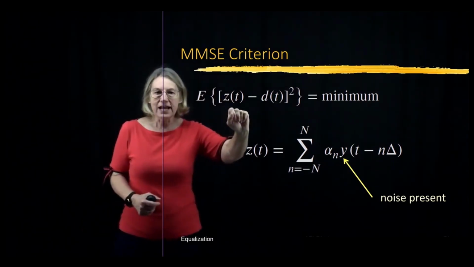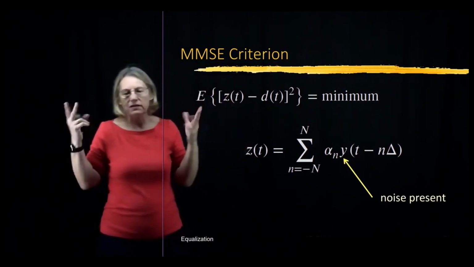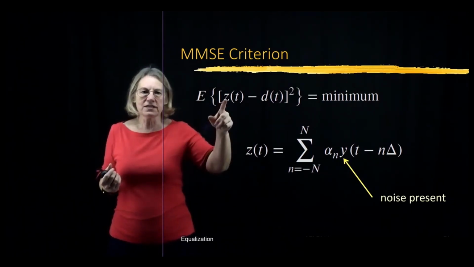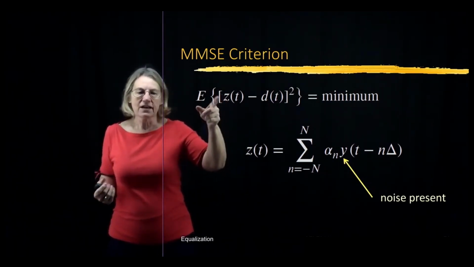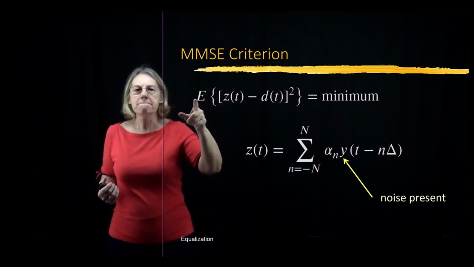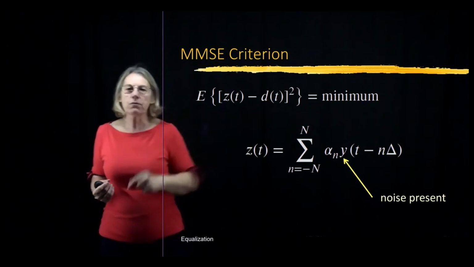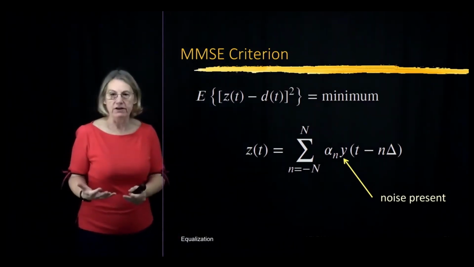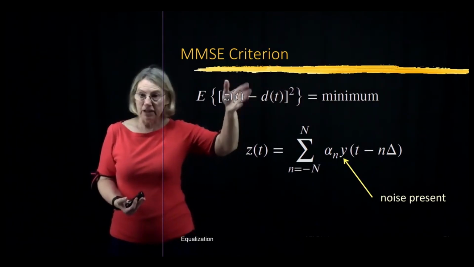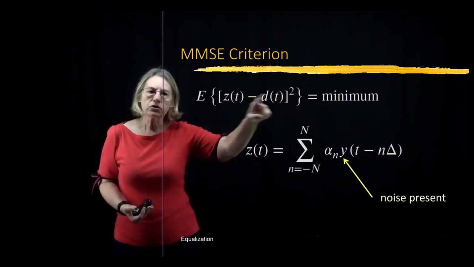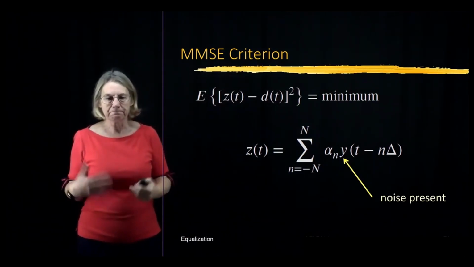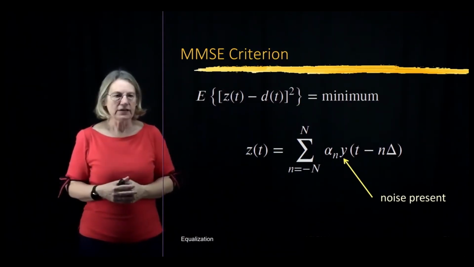Now, the data has random, well, it has data, which we can model as random data. And of course, the received signal has noise in it, which is random. And so when we're talking about the mean squared error, this E represents the expectation operator on a random variable. So this is actually a random process, but we'll sample it and it becomes a random variable. And we're trying to minimize the expected value of this error criterion.